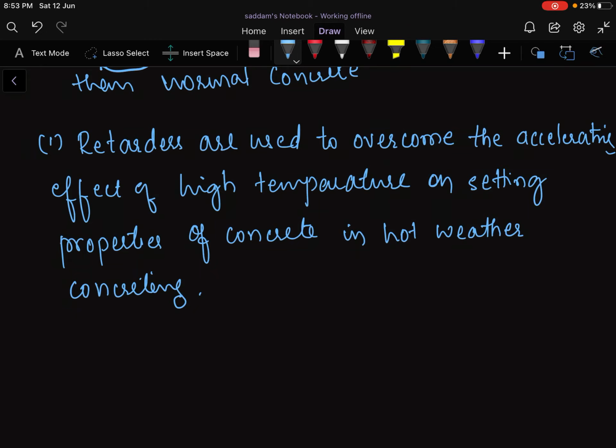Okay. So the first purpose of using the retarder is to overcome the accelerating effect of high temperature. Okay.